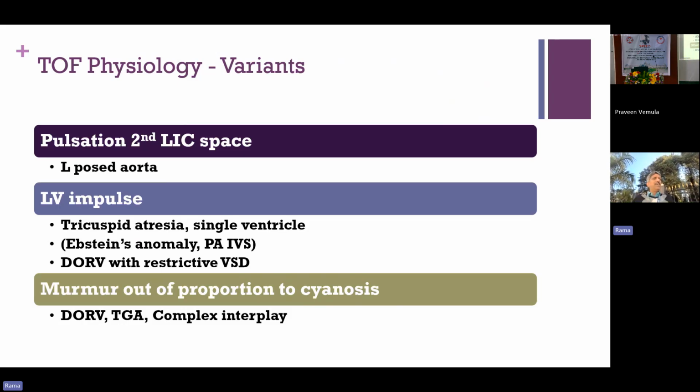The other important thing is cyanosis which is out of proportion to the murmur. As I told you, in tetralogy the murmur is inversely proportional to cyanosis. Here the murmur is out of proportion to cyanosis. What is the reason? If there is a hemodynamic reason for cyanosis, it has to be a step-down physiology.